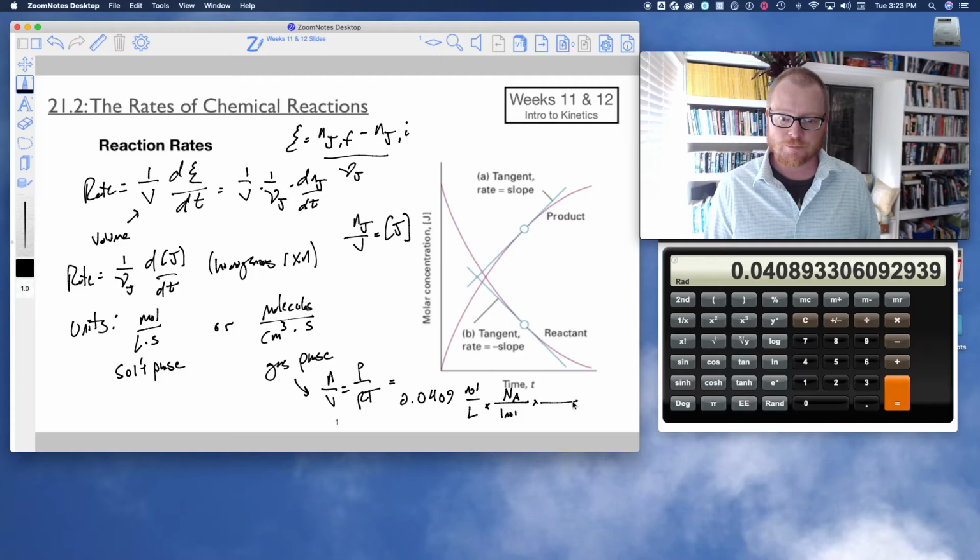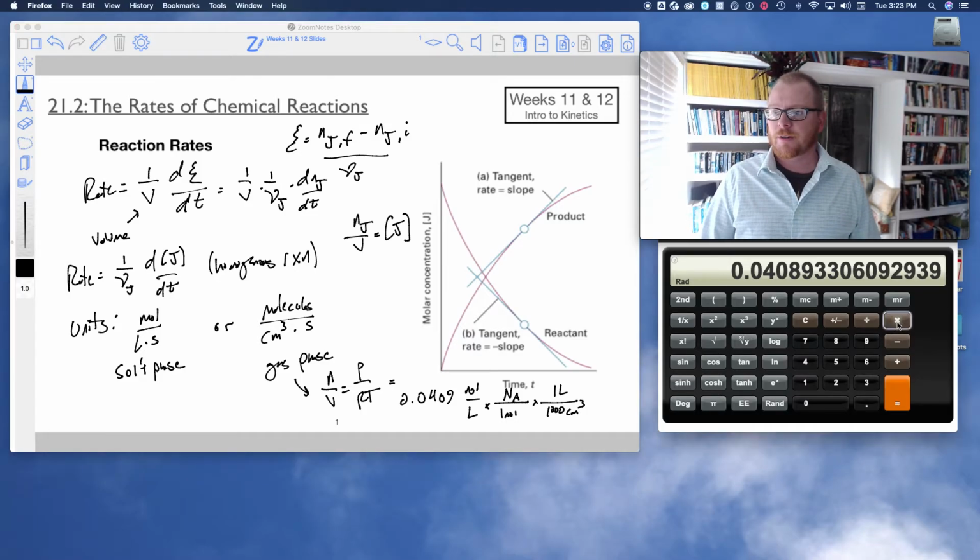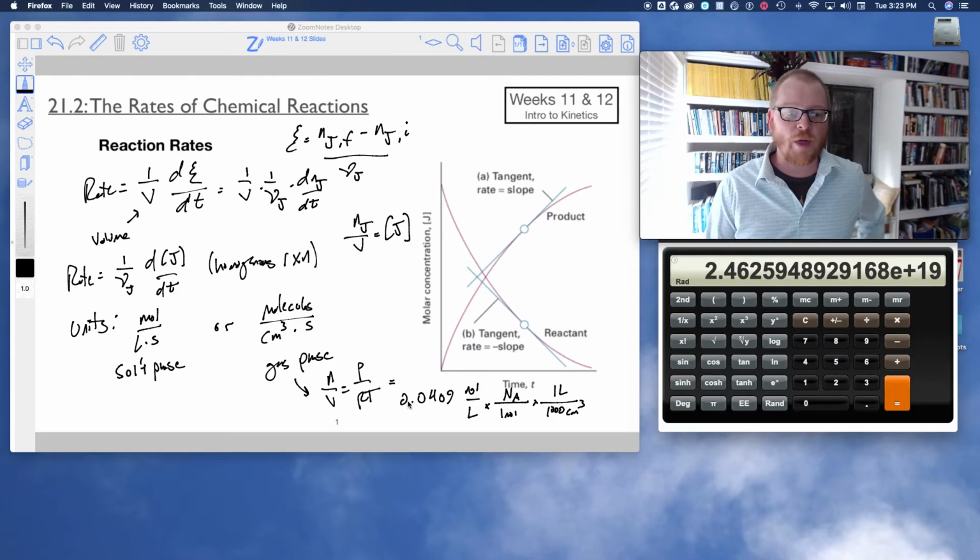And we know in 1 liter, there's 1,000 cubic centimeters. So now if I take this number times 6.022E23, and then divide by 1,000, there we go. That is one of my favorite numbers.